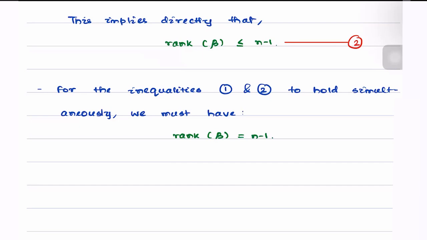So what did we start with? We started with a connected graph with n number of vertices. And we saw that the rank of B is directly equal to n minus 1. Now, let us consider this. Suppose this was a connected graph.